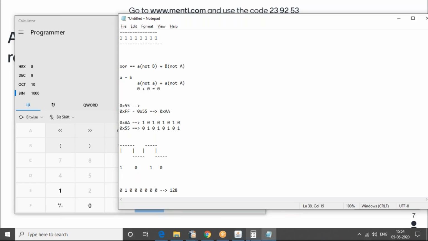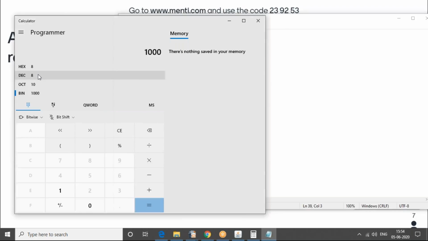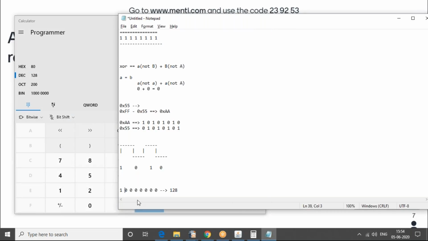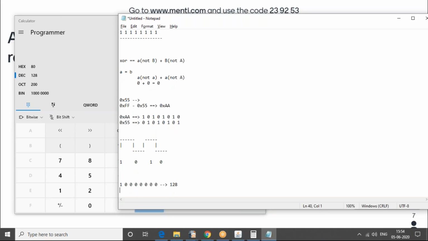So 1 2 3 4 5. Okay, I'll do decimal 128 and see. Okay, I have another 0 extra. Okay, this is 128. So what happens now is when I rotate it right once, the 1 gets shifted here.